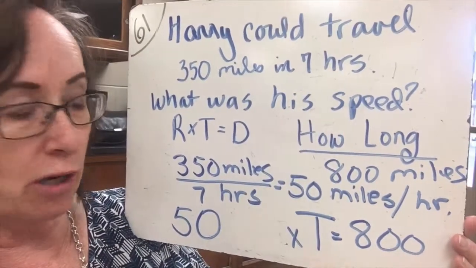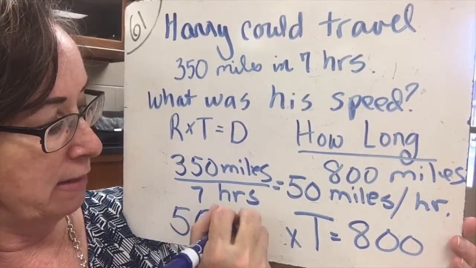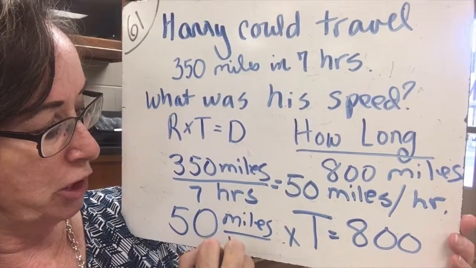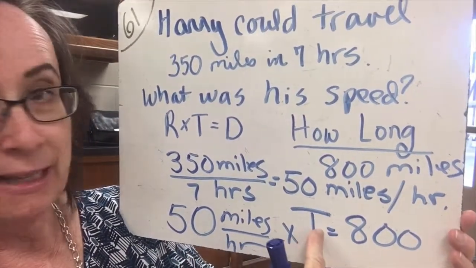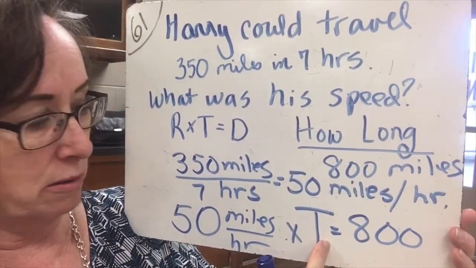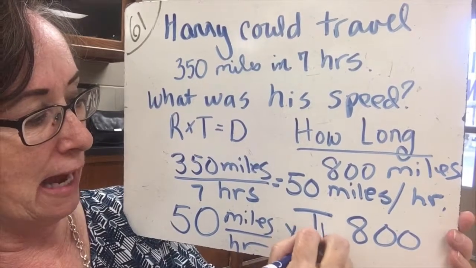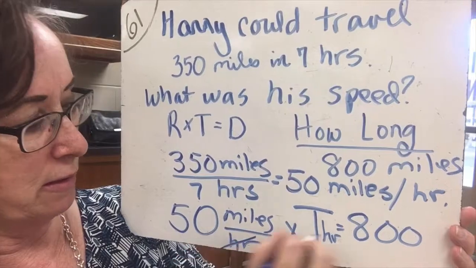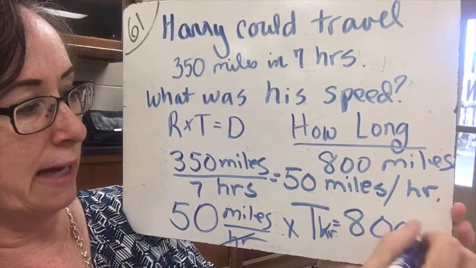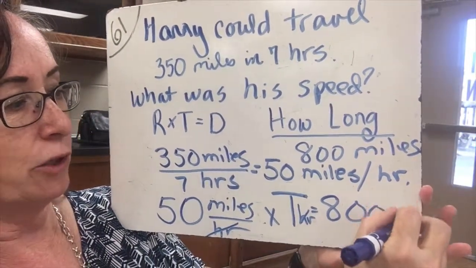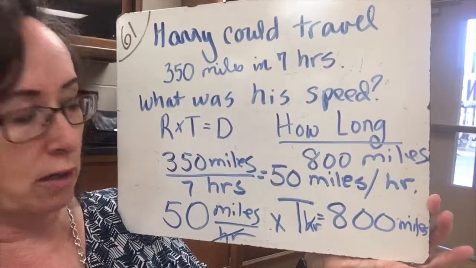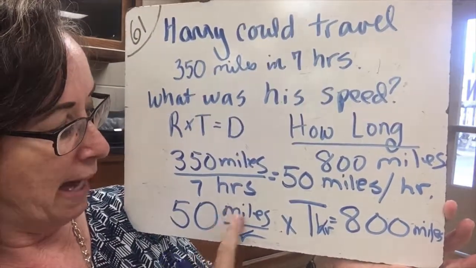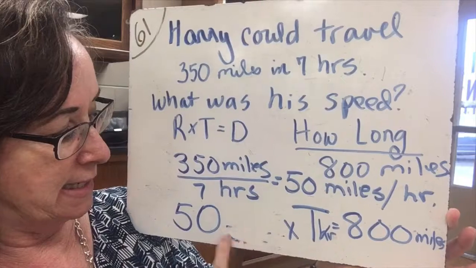I just wanted to show you. Isn't the T going to be in hours? So we're going to have T hours, and then hours will cancel hours, and we'll be left with miles, which is what this is. So your units should always work for you. But right now we don't really need to see those.